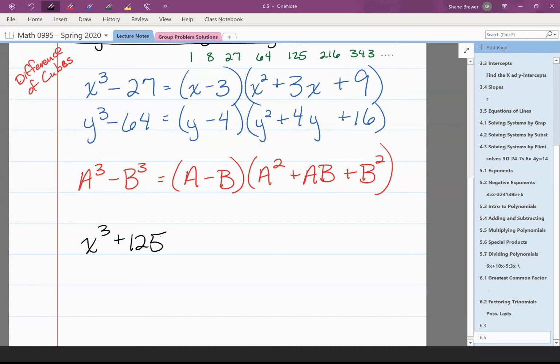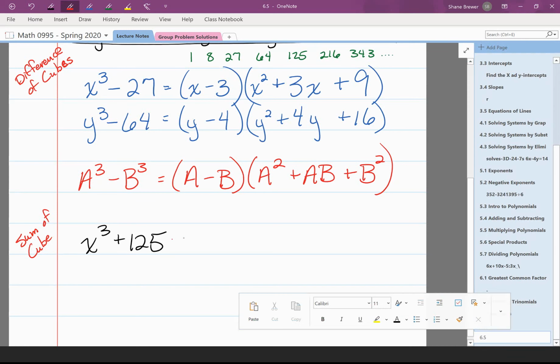So now we're talking about sum of cubes. So you see something cubed and something cubed, but now you're adding them.